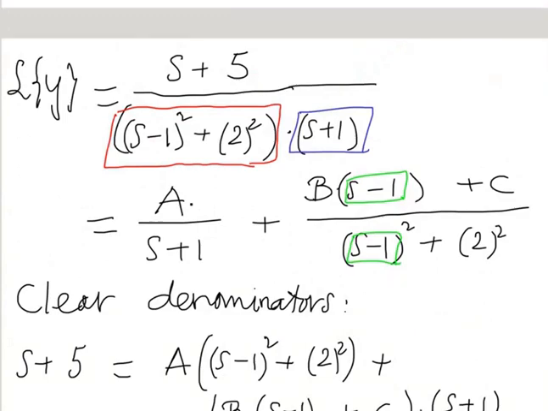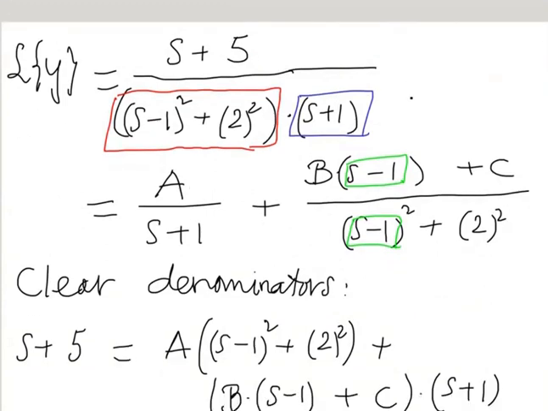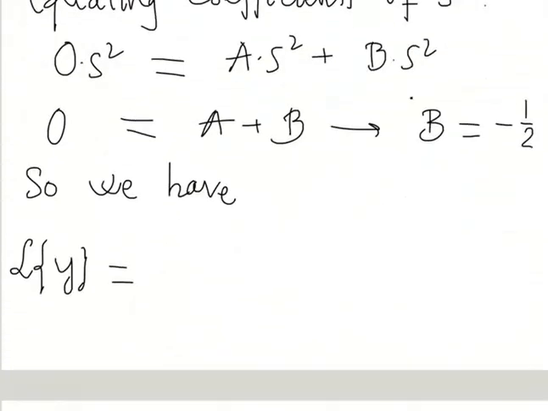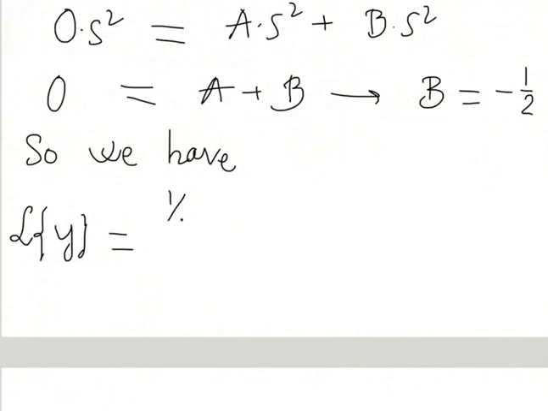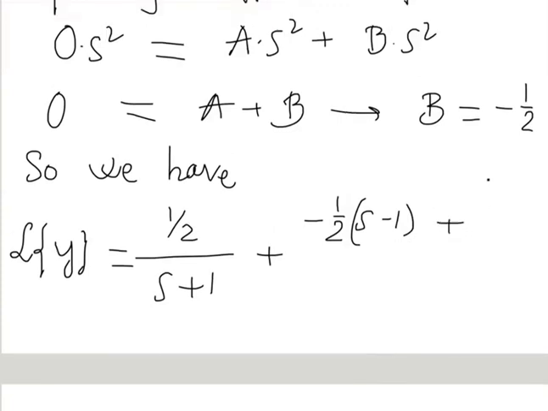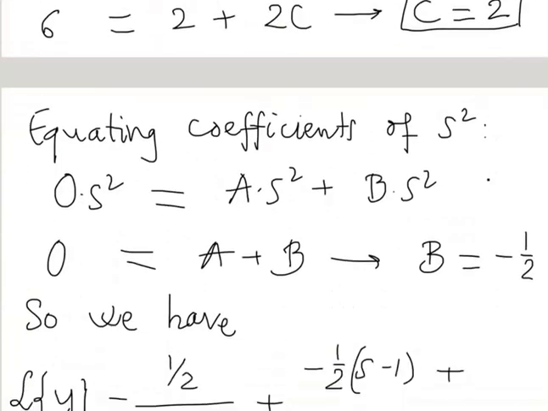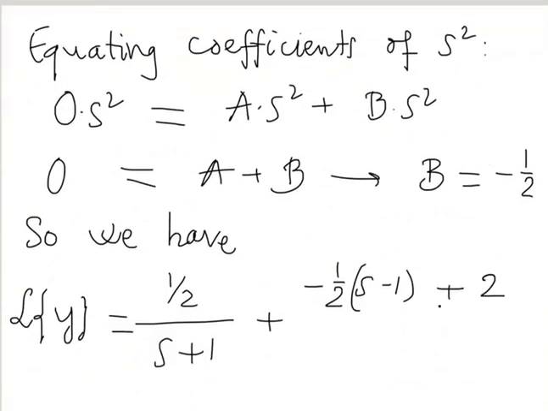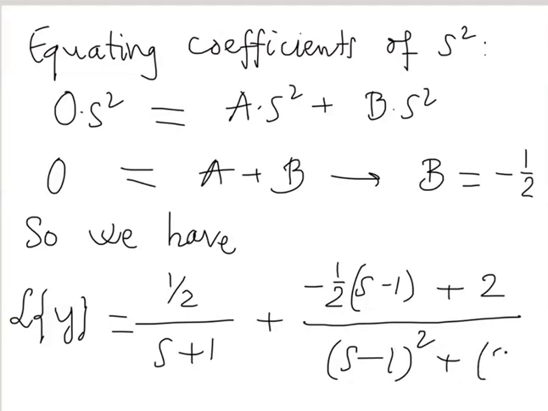A is a half, so we have a half divided by s plus 1, plus b is minus a half times s minus 1 plus c. C above is 2. And all divided by s minus 1 squared plus 2 squared.